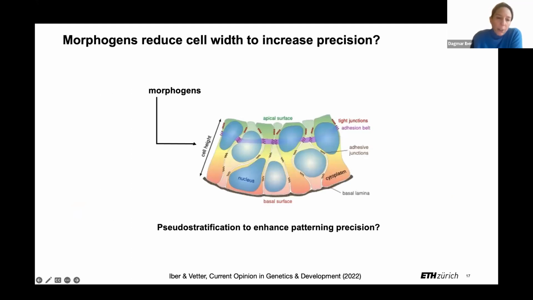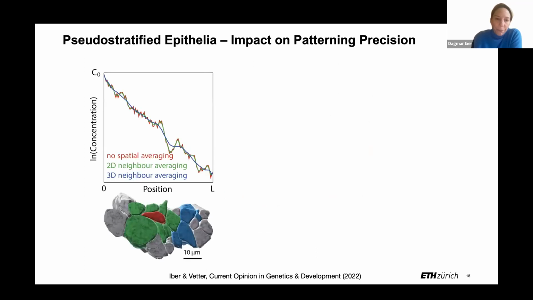And indeed, what you're finding, and so far no one had an explanation why, in all tissues that are patterned by gradients, you have pseudostratification, means the cells are so thin that the nuclei are not all fitting in one row, and so they're dispersed along the apical-basal axis. And so far, no one had an explanation for why you would have this architecture, and people believe that precision might be the evolutionary driving force.